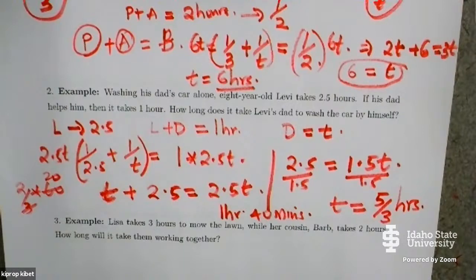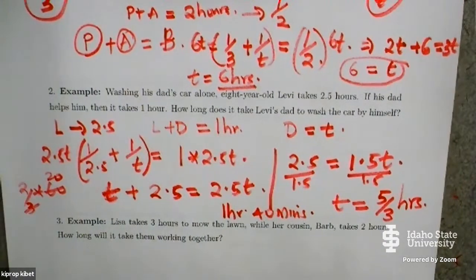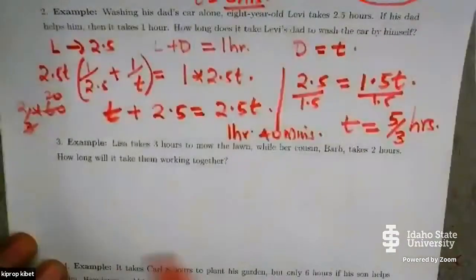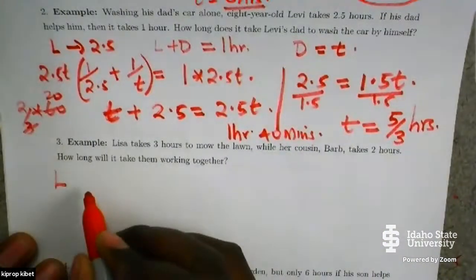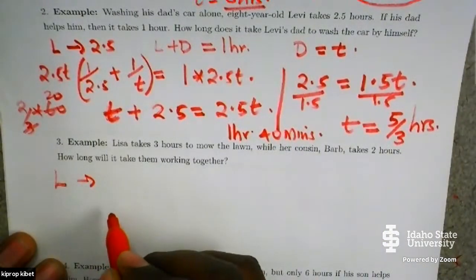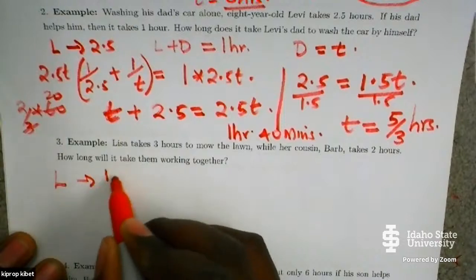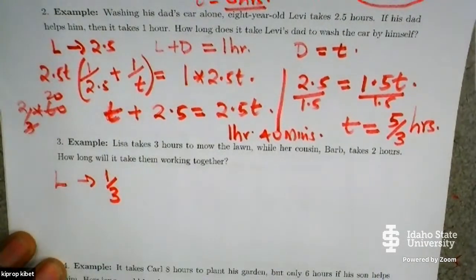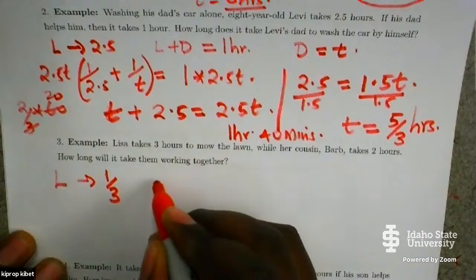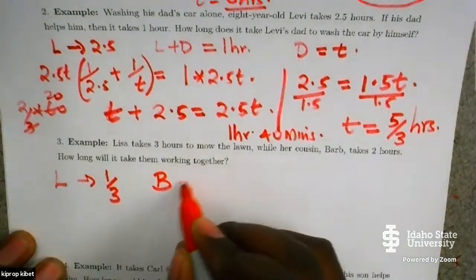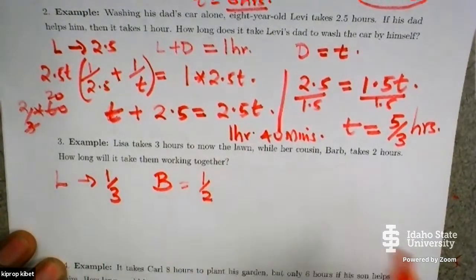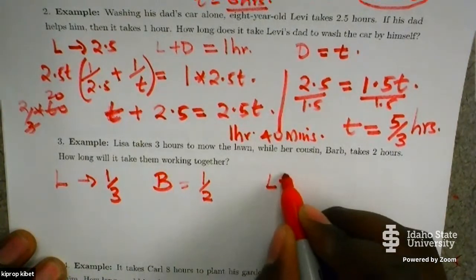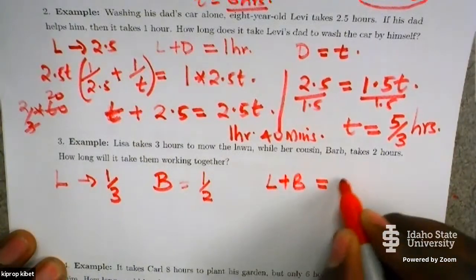In 1 hour, Lisa will have done 1 over 3 of the job. The cousin, in 1 hour, will have done 1 over 2 of the job. So both of them together will have done 1 over t of the job in 1 hour.